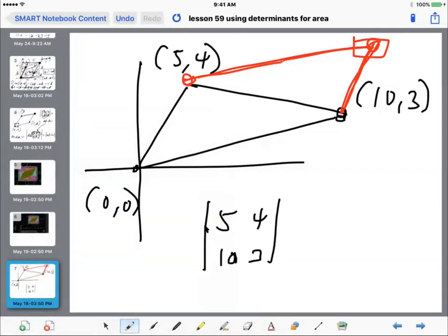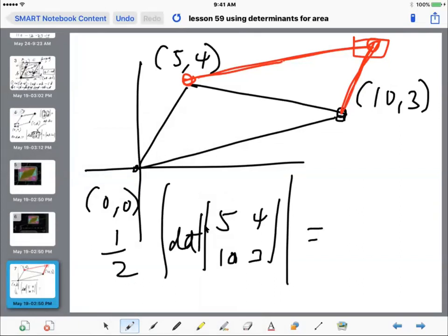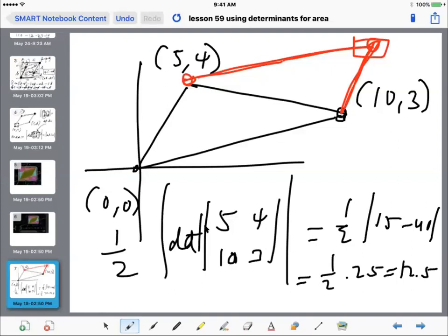I'll write determinant, but then I'll stick absolute value around there. We have to divide that by 2 because it's a triangle. So now we have a formula for the area of a triangle. In this case, it's 1/2 times the absolute value of 5 times 3 minus 10 times 4, so 1/2 of 15 minus 40, which is 12.5. It's a pretty good formula.